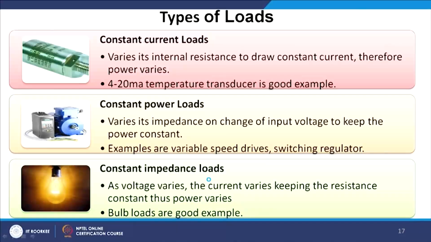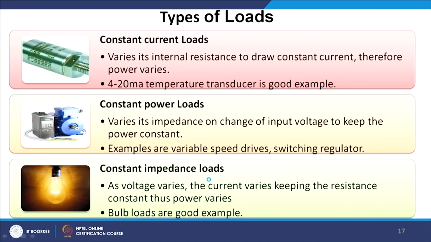So, the constant current, constant power and constant impedance loads need to be interconnected to my DC smart grid as and when required. The constant current load, which is very common, varies its internal resistance to draw constant current, therefore the power varies.